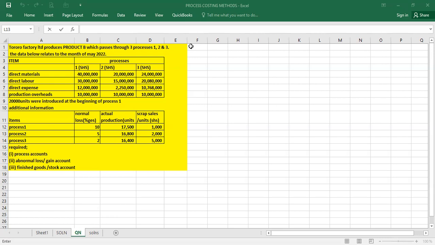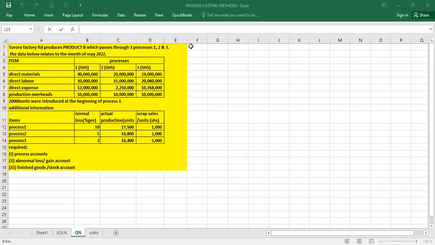Then we have the additional information, and within it we have the items, a column for normal losses in percentage, a column for actual production in units, and the last one, the production for scrap sales.